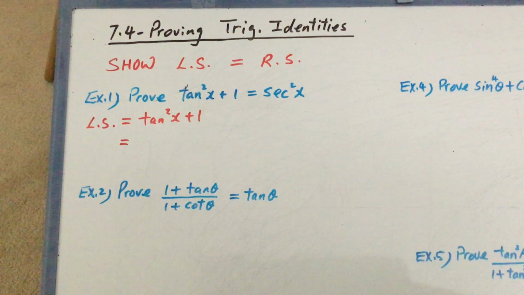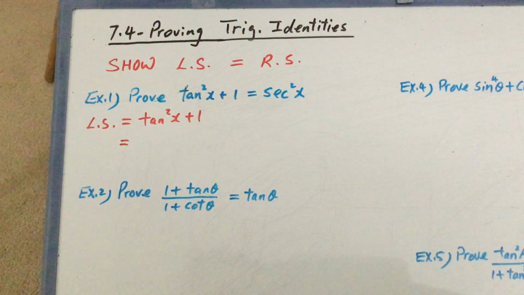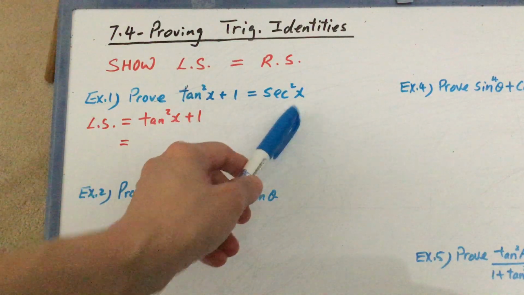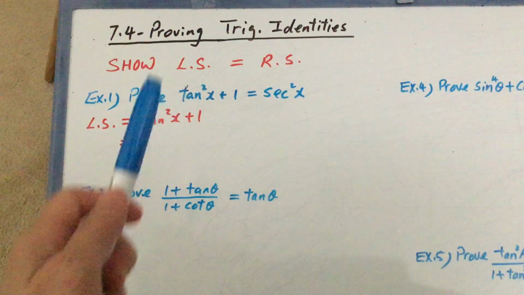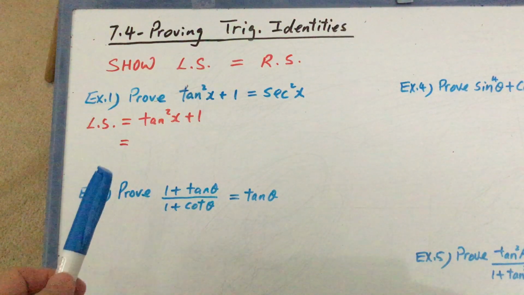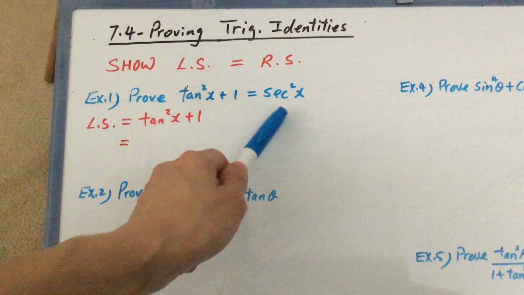The initial step that we must consider whenever we get a proving question is to look at the left side and the right side, and pick one side to start proving. Sometimes it's the left side, sometimes you will pick the right side.